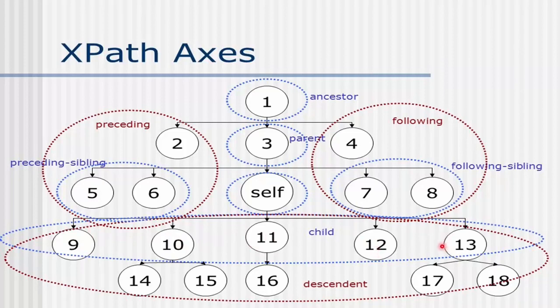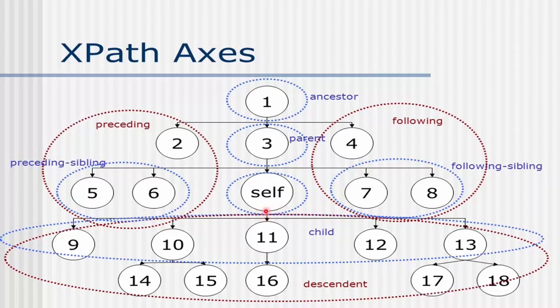Okay, coming to the next term, that is a descendant. Now what are those descendants? Descendant nodes are children's children as well as the children. Okay, that means descendants will be your 9, 10, 11, 12, 13, 14, 15, 16, 17 and 18.